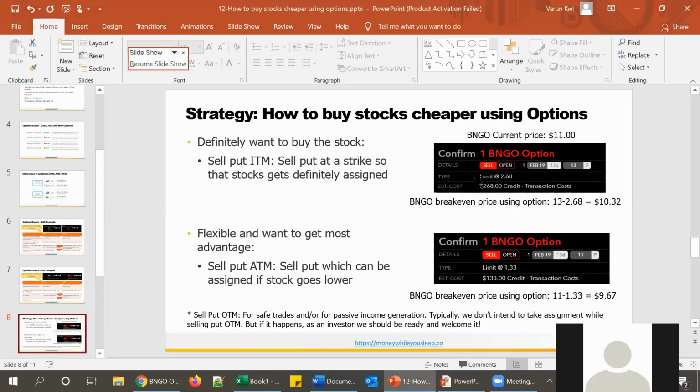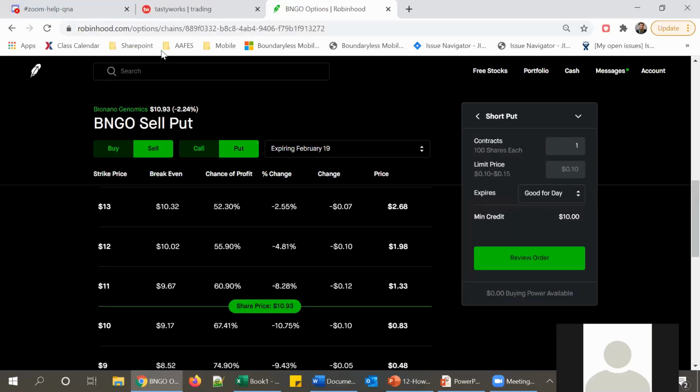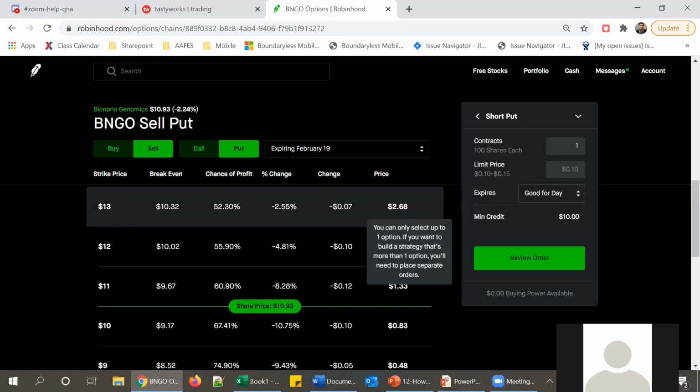What did we do? So bingo sell to open Feb 19th, 13 put, and I'm collecting a credit of $2.68. So if I show you, even in here, 13, exact same.